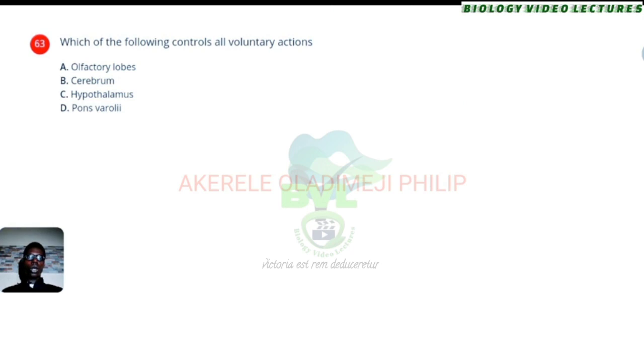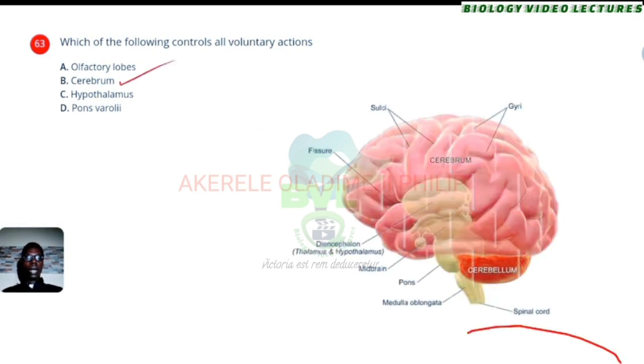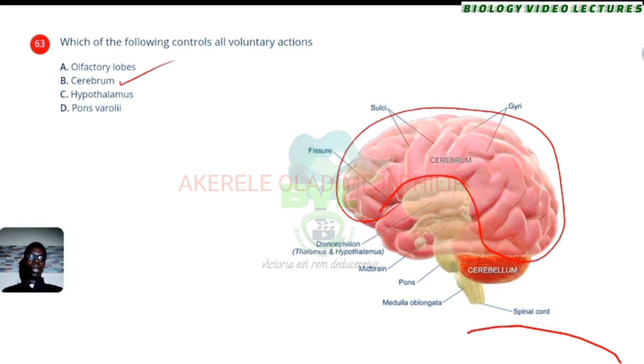Which of the following controls all voluntary actions? The answer is cerebrum. I think we've mentioned that before, right? I kept showing this over and again to make sure it sinks. So this is cerebrum, which controls voluntary action, all right?